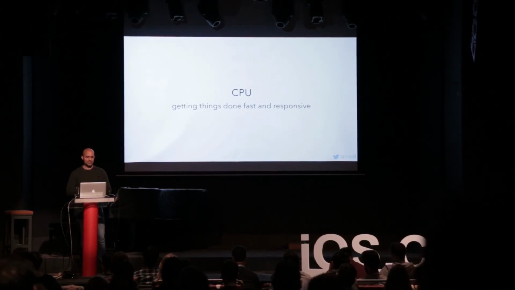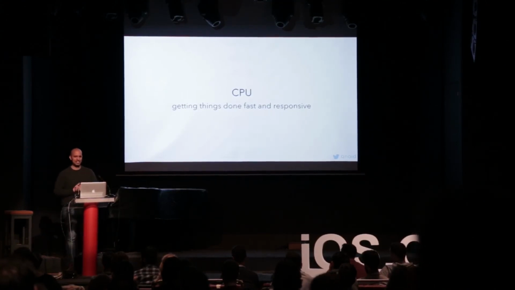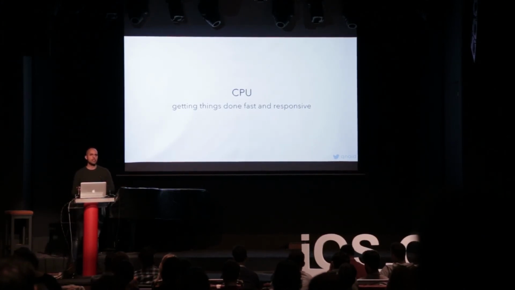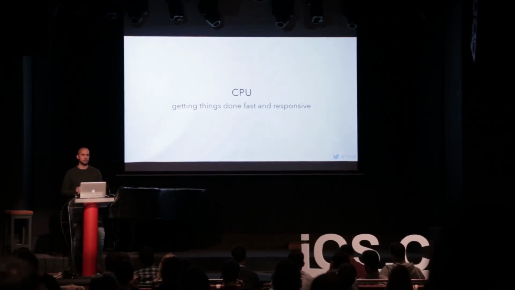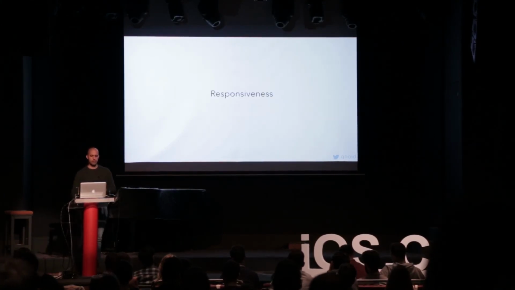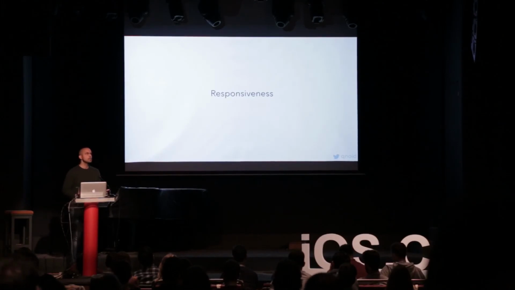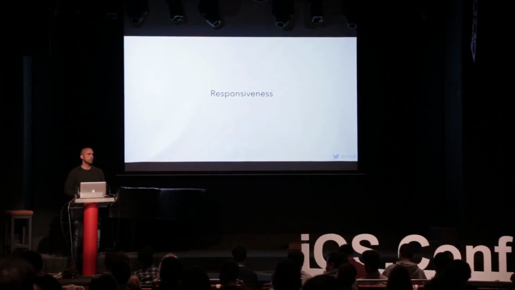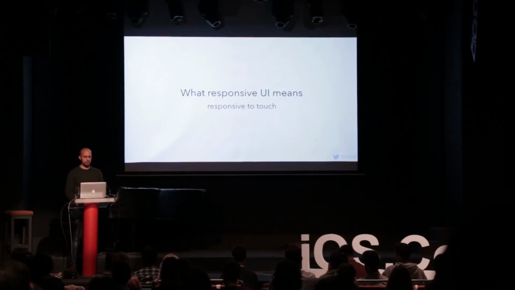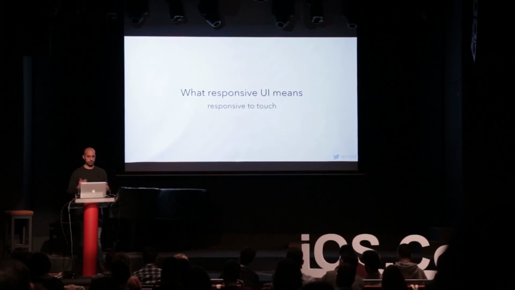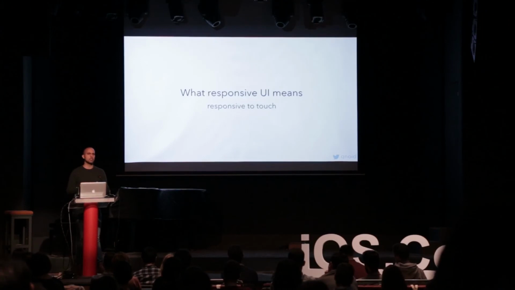So how much time do I have left? 10 minutes, we're good. So CPU, it's all about getting things done fast and responsive. And what is responsiveness? What do we mean by responsive? One thing is that it needs to be responsive to the user's touch. So we don't want our users dragging their fingers and then 2 seconds later the screen follows.